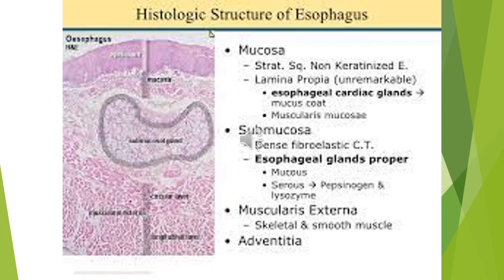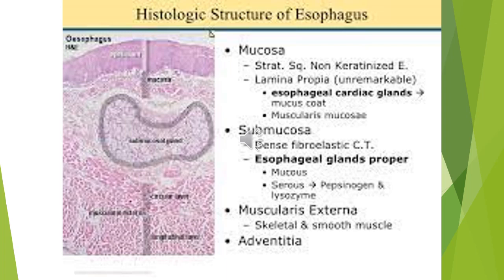Just below it is the layer of lamina propria, which consists of fine connective tissue in which scattered lymphatic nodules are found. And in the upper and the lower third of the esophagus, the lamina propria will contain mucus secreting simple branched tubular glands, and these glands are called esophageal cardiac glands.